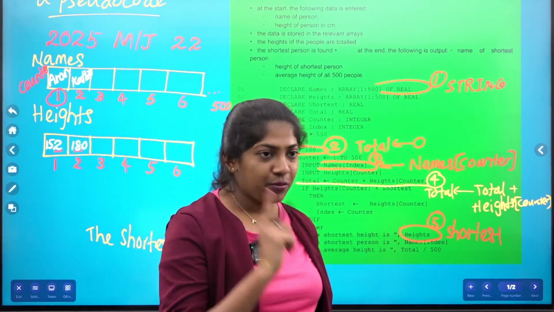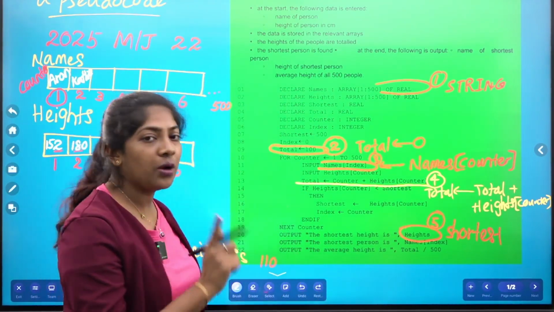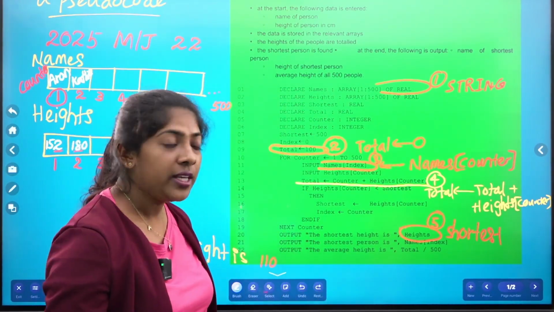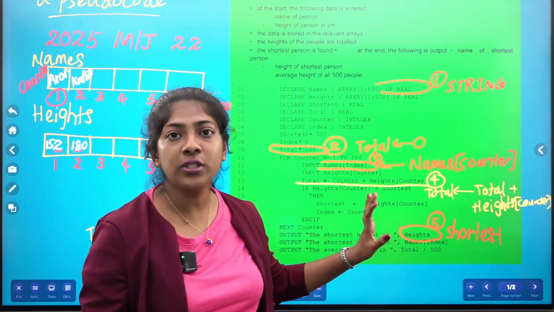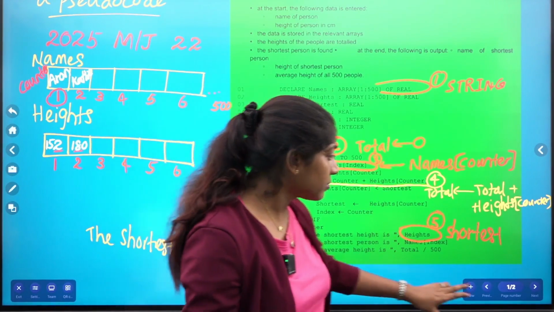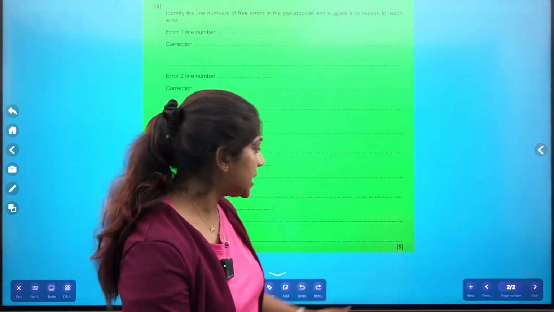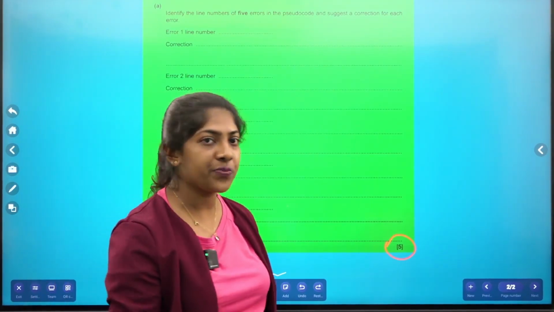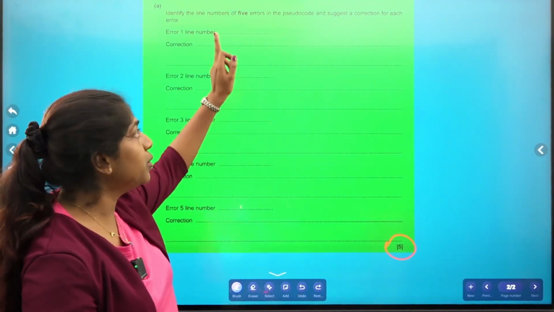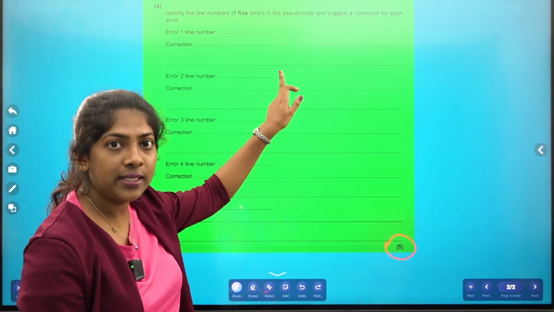Got it? One more thing. Let's see now how to answer the question. Even though you have solved the question, you have still not secured these 5 marks. Why? You have to write the answer clearly.